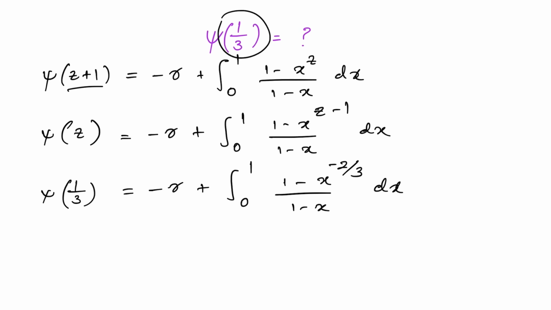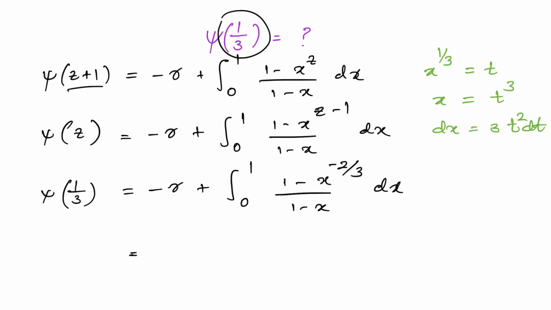Then I'm going to take a substitution. Let's take x to the 1/3 equal to t. Then if you isolate x, x is equal to t cubed. So dx is equal to 3 times t squared dt. Next we can substitute.